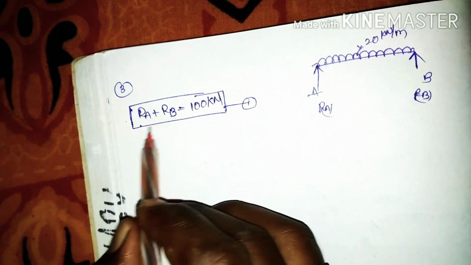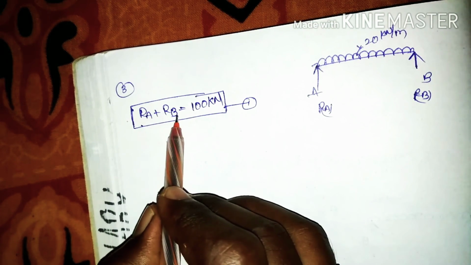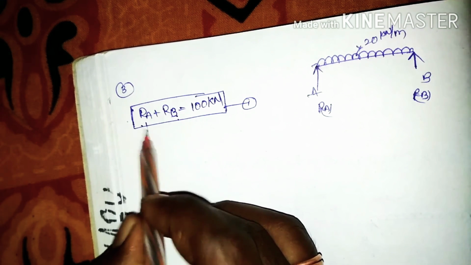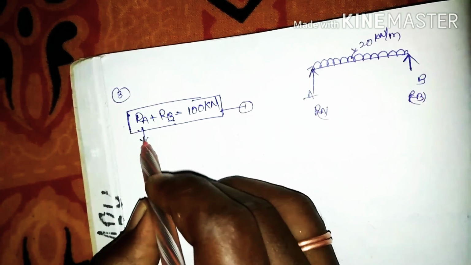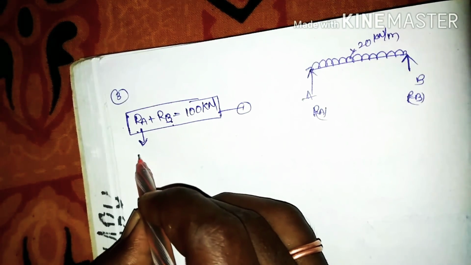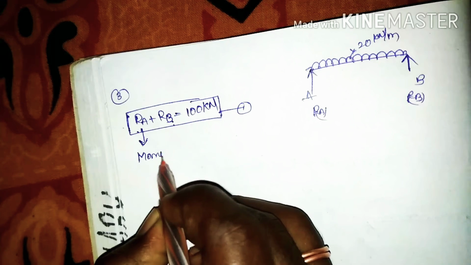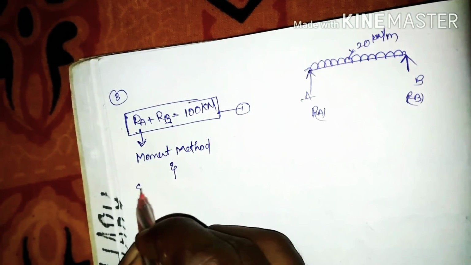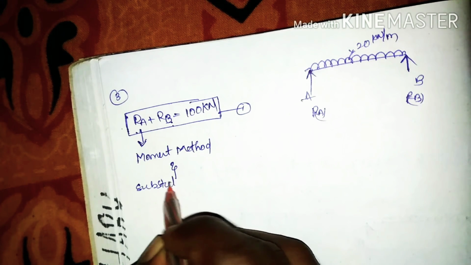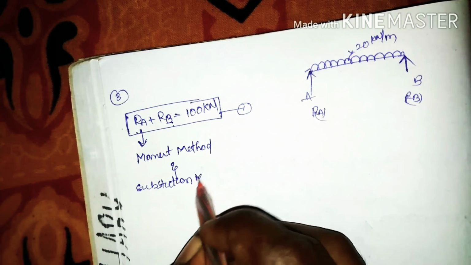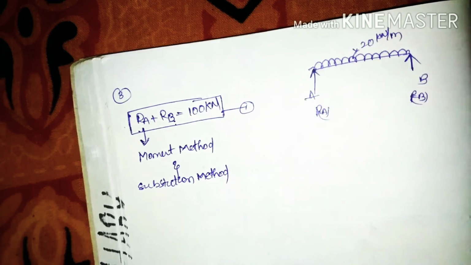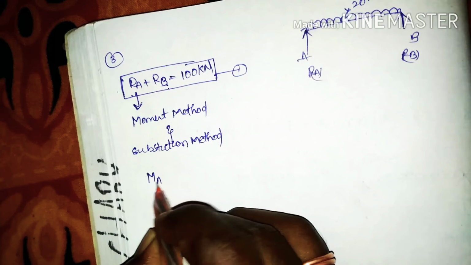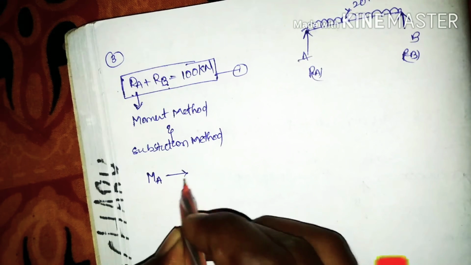Next, here we are having a combination of two reactions where we don't know the individual reaction values. To find the individual reaction values, we are using the moment method and substitution method. If I take the moment about A, I am going to find the reaction RB.